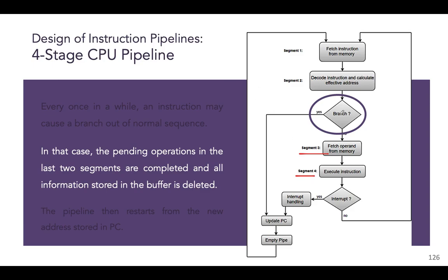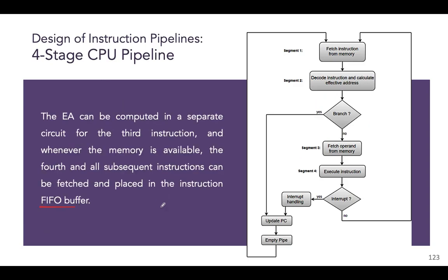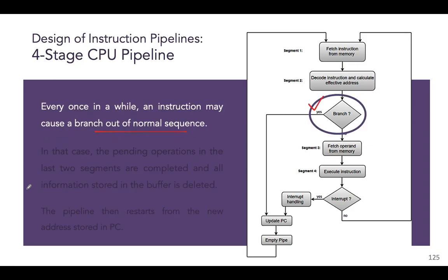So when a branch is encountered, the pending operations in segments 3 and 4 are completed quickly, and the information stored in the buffer is deleted. Any information that was stored in the FIFO buffer is deleted, because now the next instruction in the sequence is not going to be executed. Instead, we are going to execute whatever this branch statement says, right?